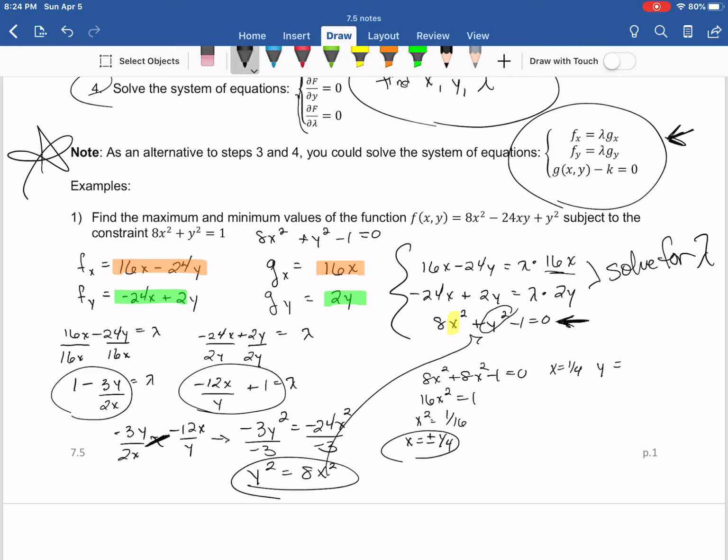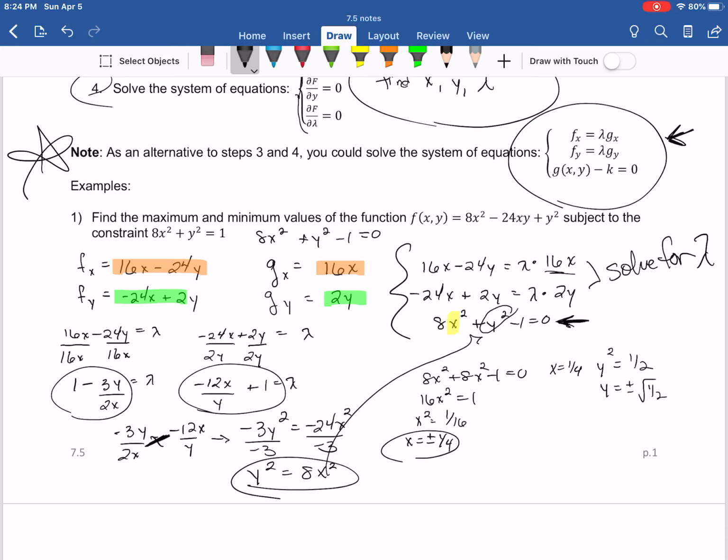And when you solve for y, you should get, let's see, 1/4 for x, y squared is going to equal 1/2. Let's give you that step. And so that means that y is equal to plus or minus the square root of 1/2.